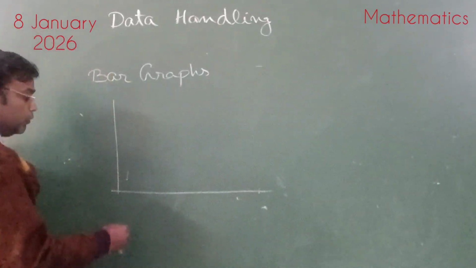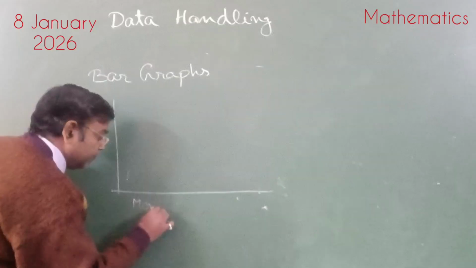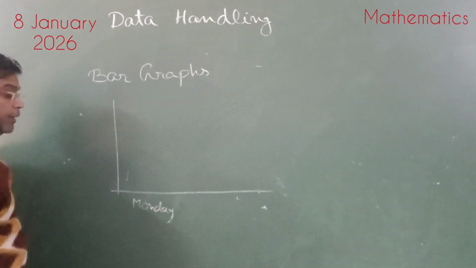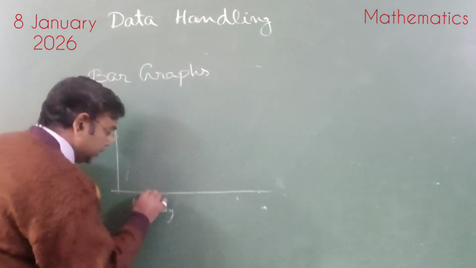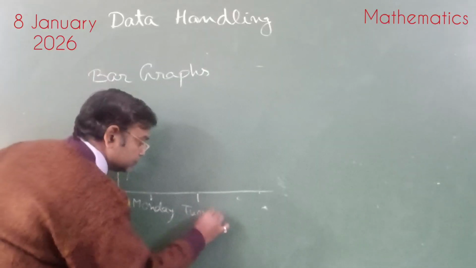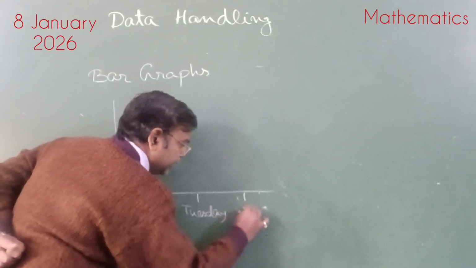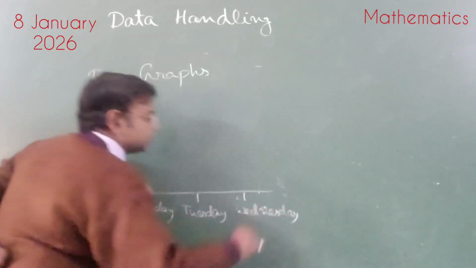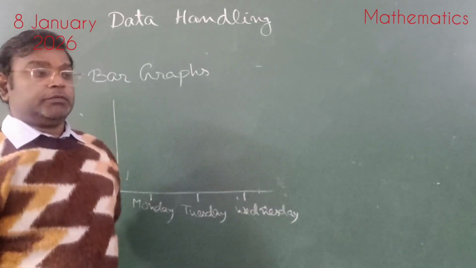Suppose we note down the temperature of every day for this week. In this week we have 7 days. This is for Monday, this is for Tuesday, this is for Wednesday and so on. I am taking only 3 days so that you can easily understand the bar graph.